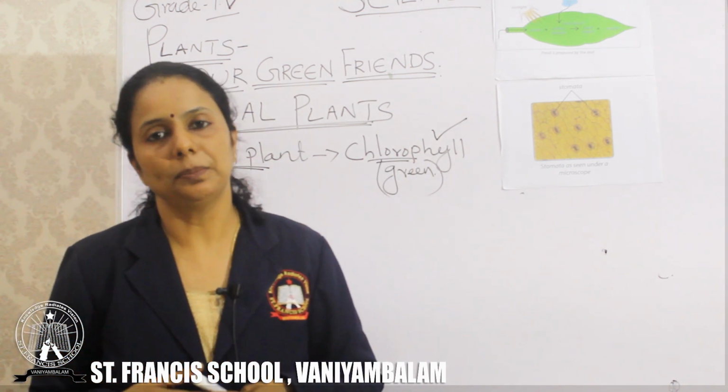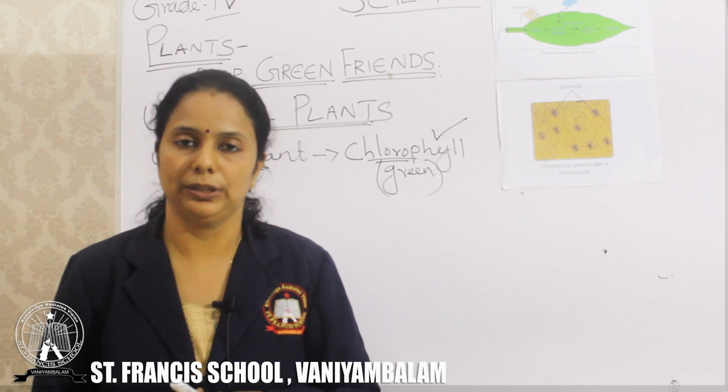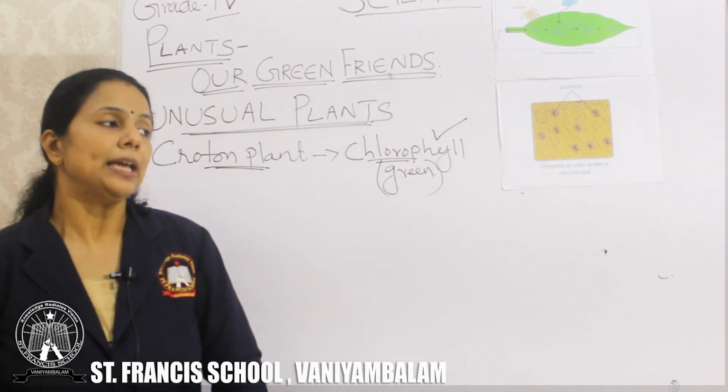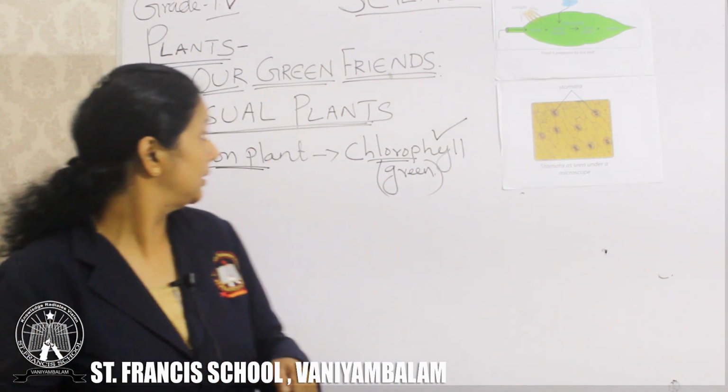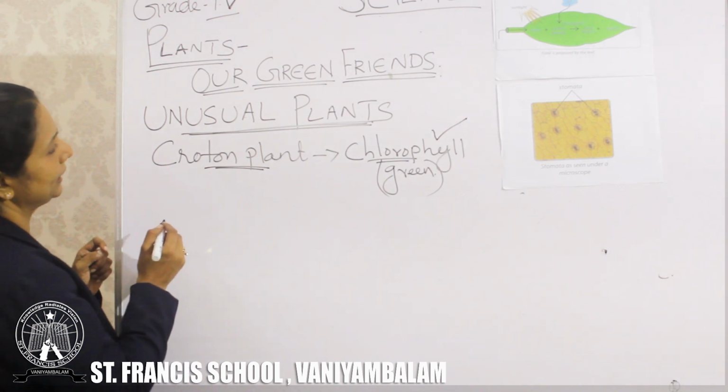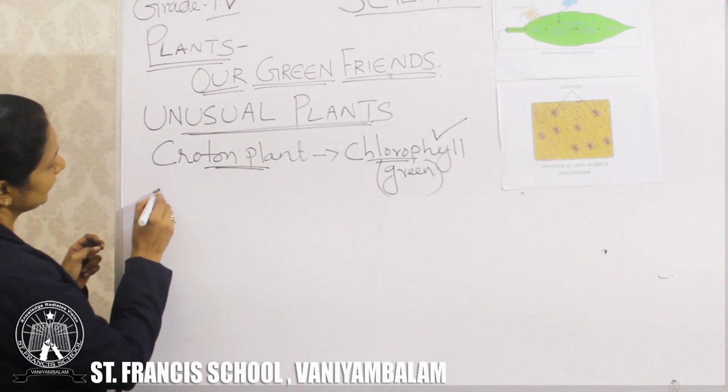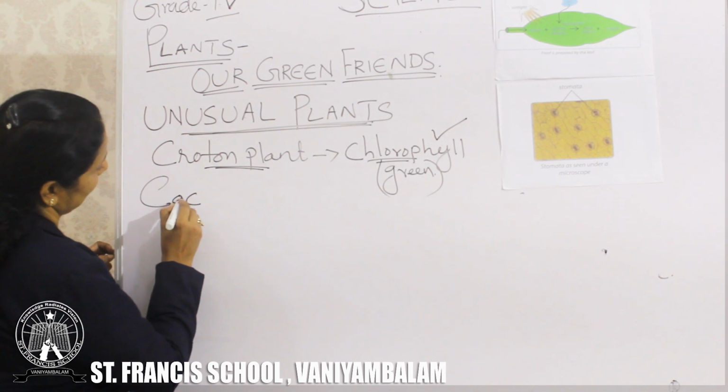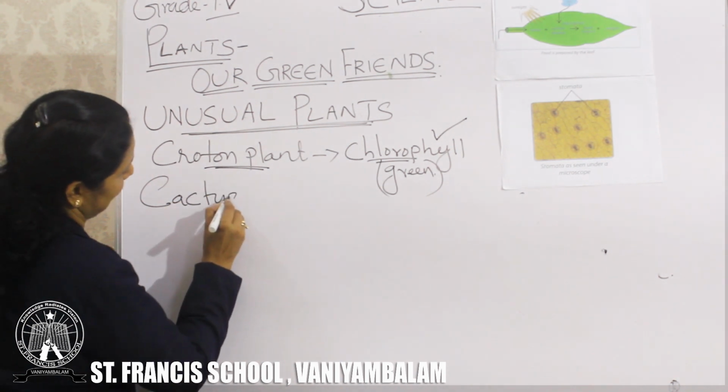So these croton plants can produce their own food by photosynthesis. Now the next type of unusual plant is the cactus. Cactus plants.